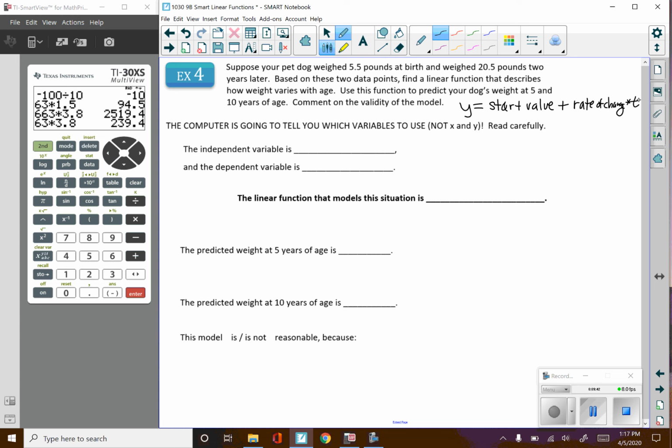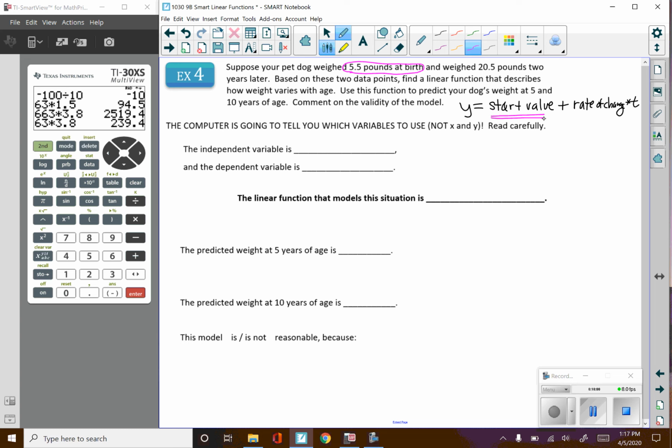So for this one, we have a pet dog weighed 5.5 pounds at birth. So that's our sort of start value for this dog. And 2 years later, the dog weighed 20.5 pounds.